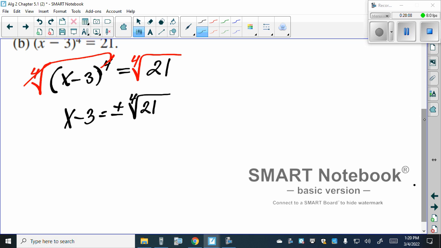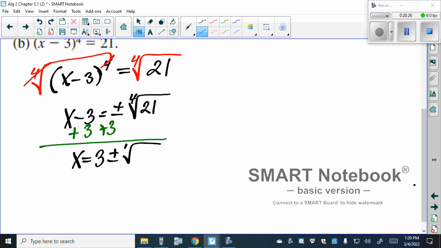Is the variable by itself? Well, no, we've got the minus 3, yes? So to get it by itself, we need to add 3 to both sides, telling us x is equal to 3 plus or minus the fourth root of 21.